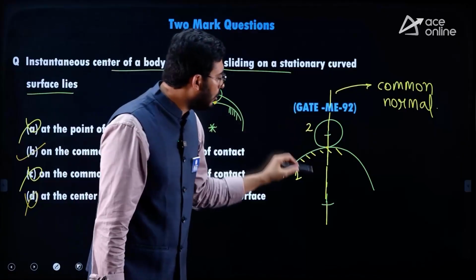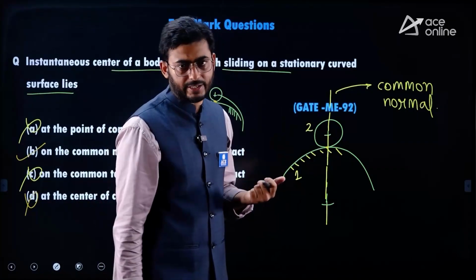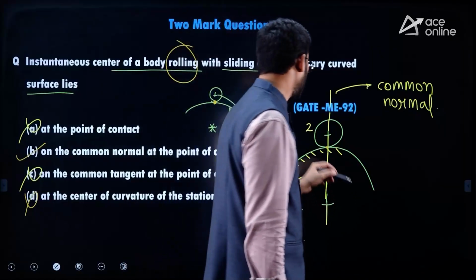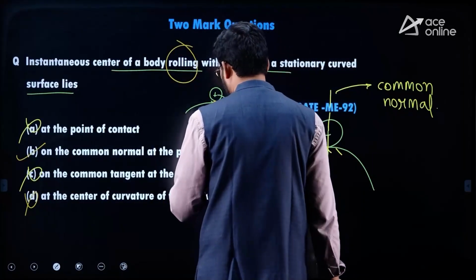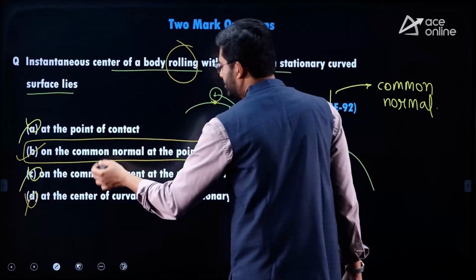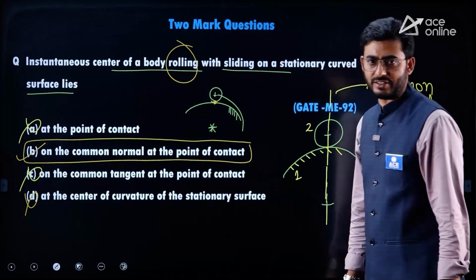Based on that, the location of the I center can be predicted once we are able to draw the velocity gradients. So as per the question, we can limit ourselves only to option B, because A, C and D are not the right choices.